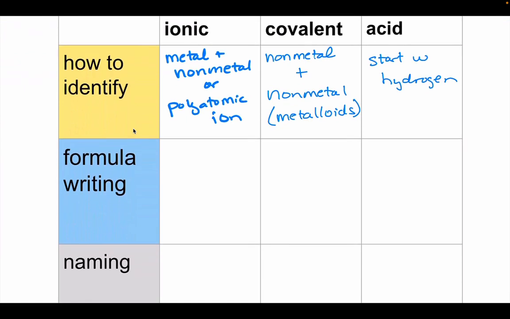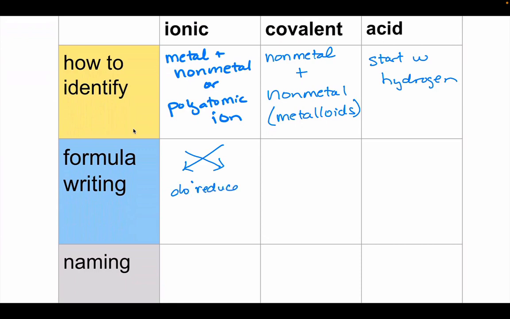Formula writing for ionic, you do use the crisscross technique. So you need to make sure that the charge adds up to 0. You don't reduce. You do reduce, sorry. You do reduce.